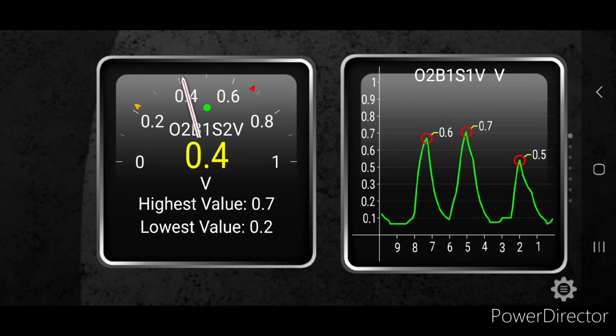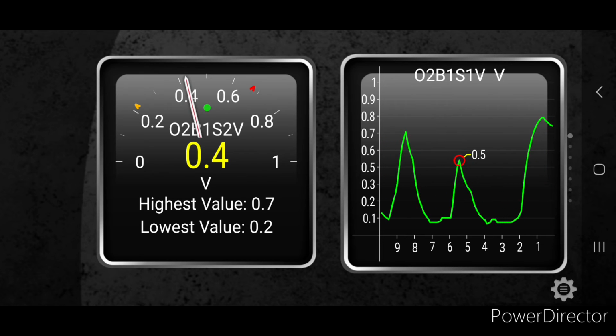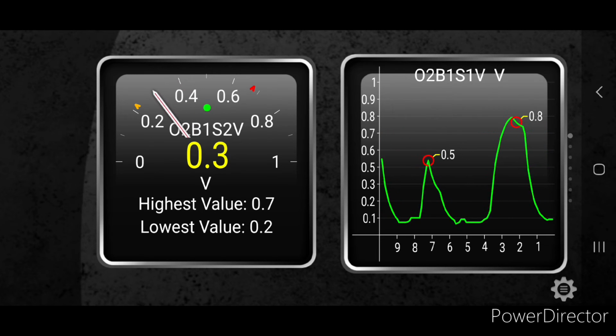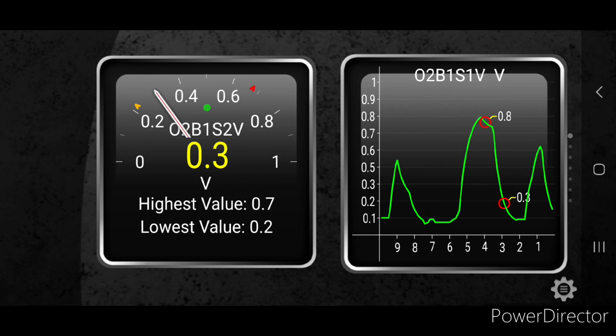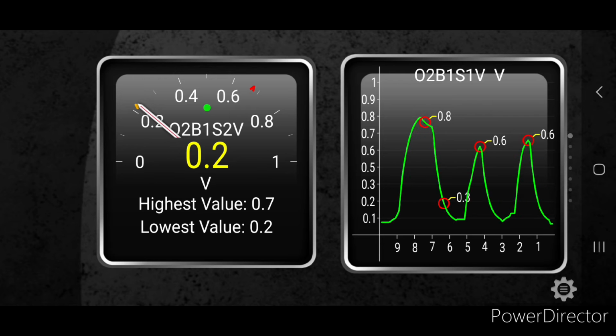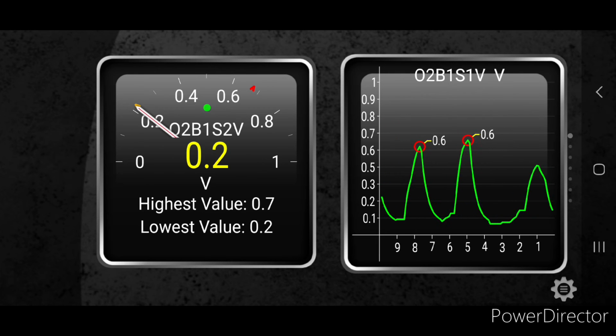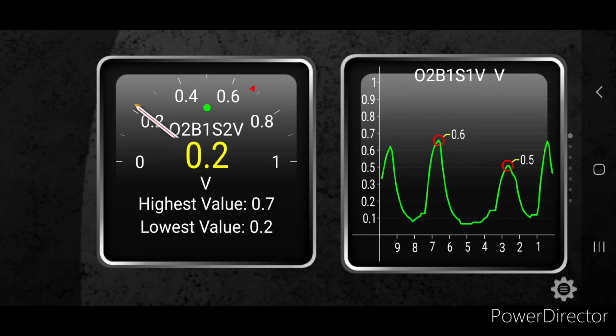So we cannot change it unless we erase this one and put it into graph. So right now the O2 sensor after the catalytic converter is playing at 0.2.